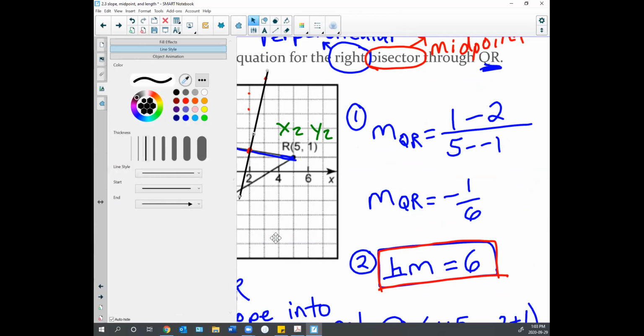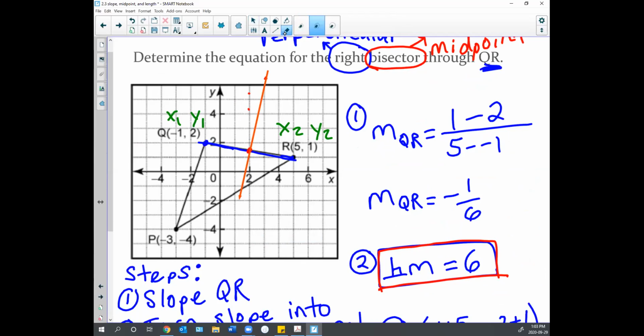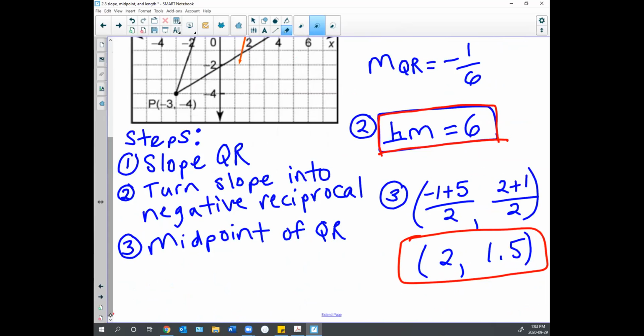But this question is asking me for the equation of a line. I have random information right now. I have a slope and I have a point, but I want the equation for the line. Ultimately, what am I looking for? What will an equation of a line look like?